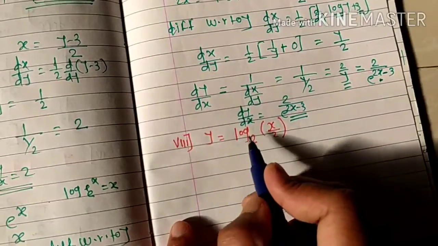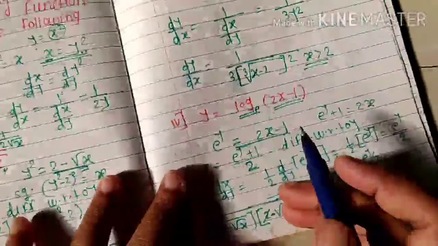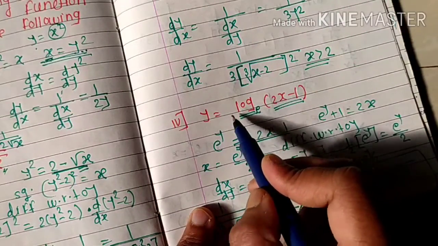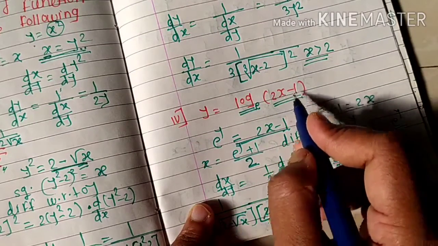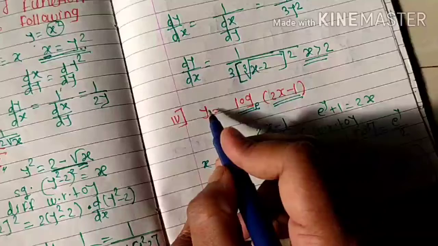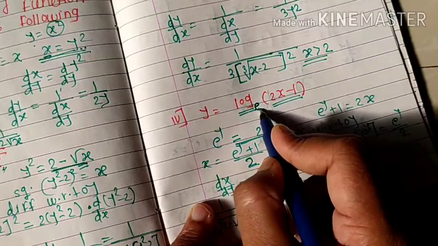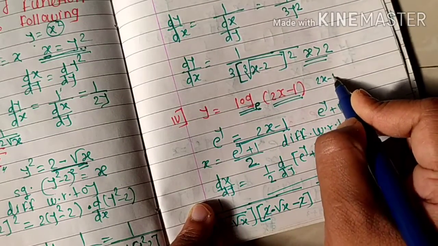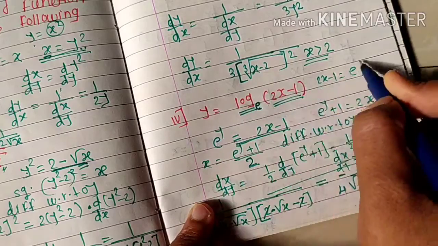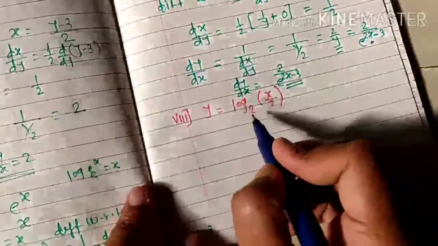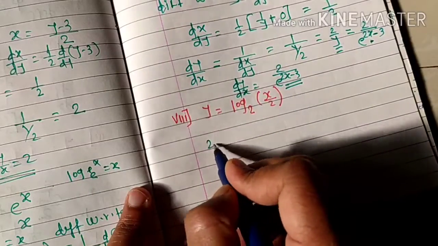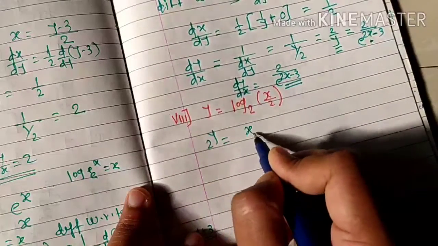Next example: here log to the base 2 is given, not base e. Here, y is equal to log to the base e is given. Then we express this 2x minus 1 is equal to e raised to the power y. Okay, here the base is e, then what do we get? 2x minus 1 is equal to e raised to the power y. But here the base is 2, then what do we get? 2 raised to y is equal to x by 2.